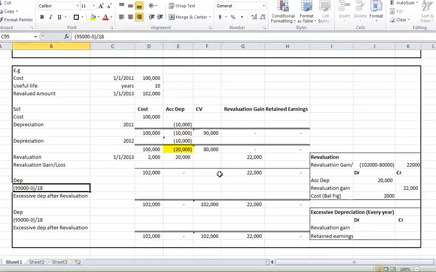And now we need to charge depreciation as at 31st of December 2013. What is the revalued amount? Students, you can see the revalued amount is 102,000 divided by remaining life. Total life was 10 years, and we are revaluing this asset after 2 years. So at the date of revaluation, remaining life is 8 years.